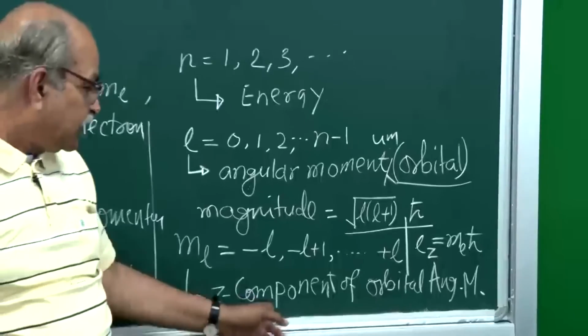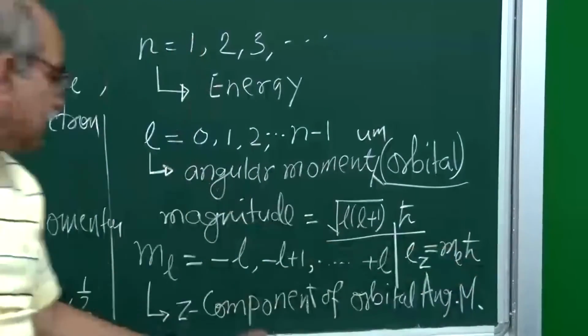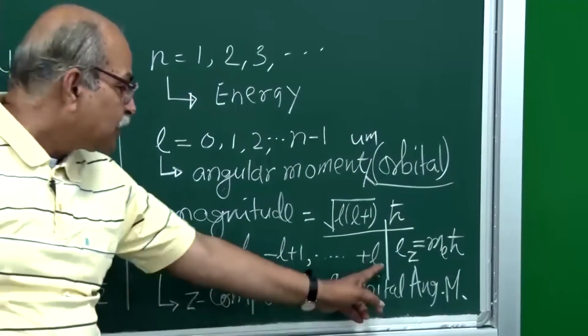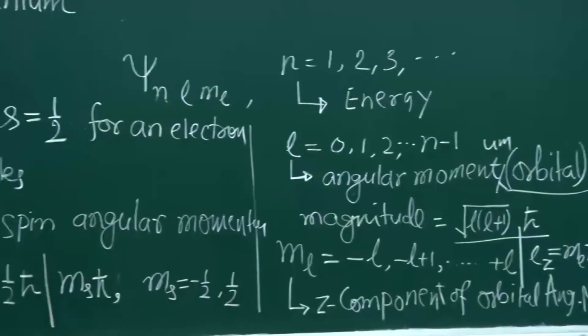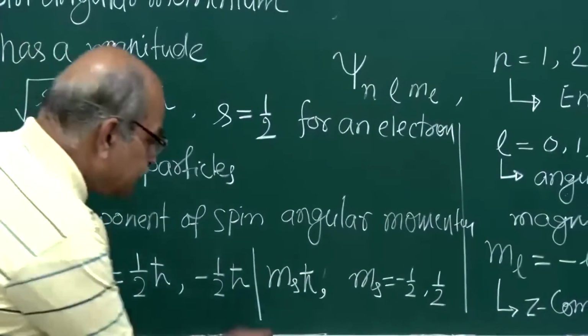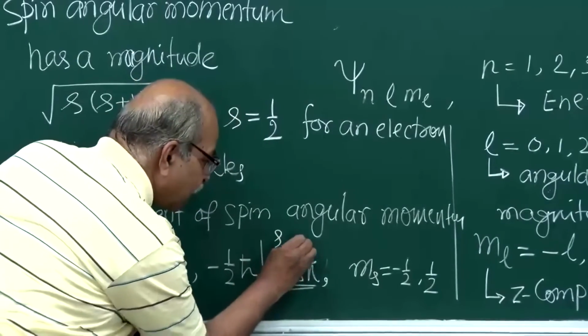The z component of orbital angular momentum is ml times h cross, and that ml can take values from minus L to plus L in steps of 1. Similarly, the z component of spin angular momentum is ms into h cross, this is Sz.